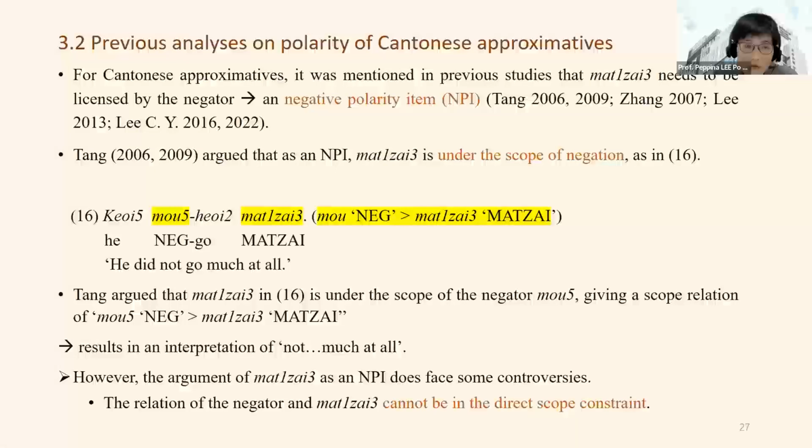Whether it is negative or affirmative, it affects the scalar ordering of these two approximative sentence final particles. So we need to look at whether Mazai can be considered a negative polarity item.